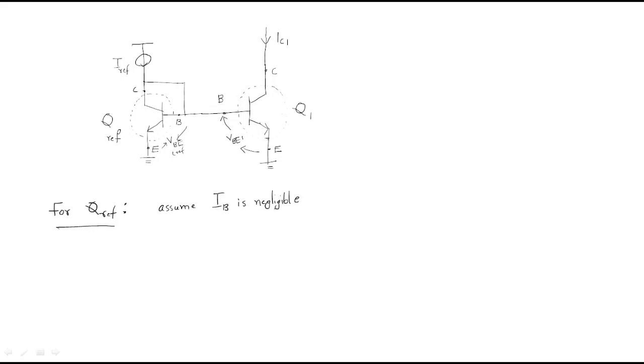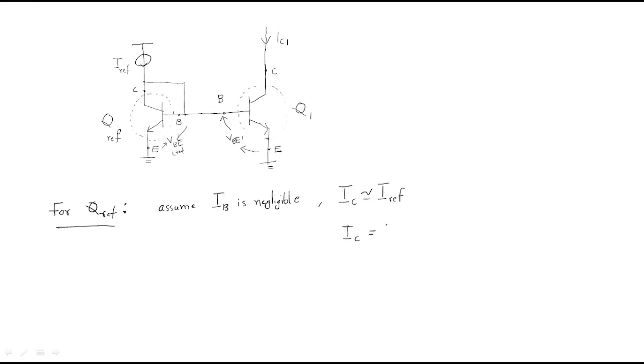Whenever the base current is negligible, the collector current must be approximately equal to the reference current. The reference current supplies both the collector current and the base current, but by neglecting the base current, both are approximately the same. So we can write the collector current equation.